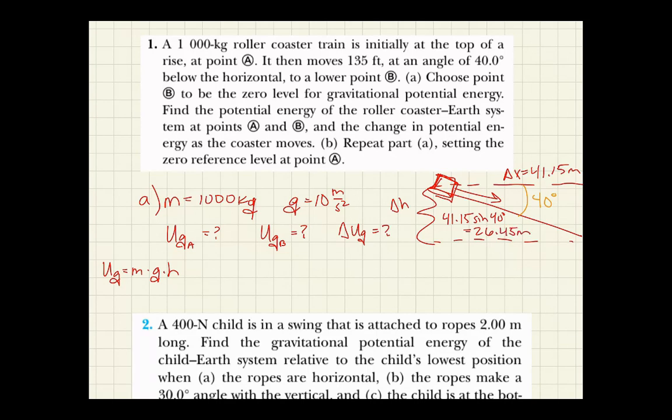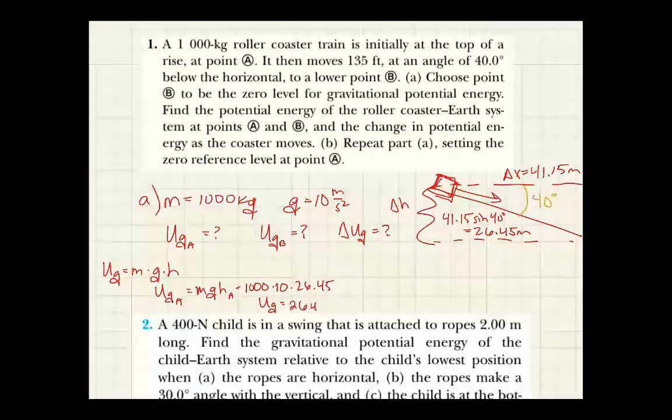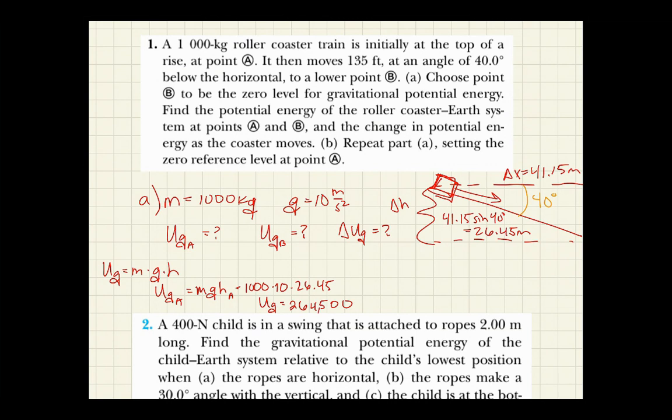So for the first part of this question, UG at A, that's MGH at A, which is 1,000 times 10 times 26.45. So the gravitational potential energy at point A is going to be 264,500 joules.